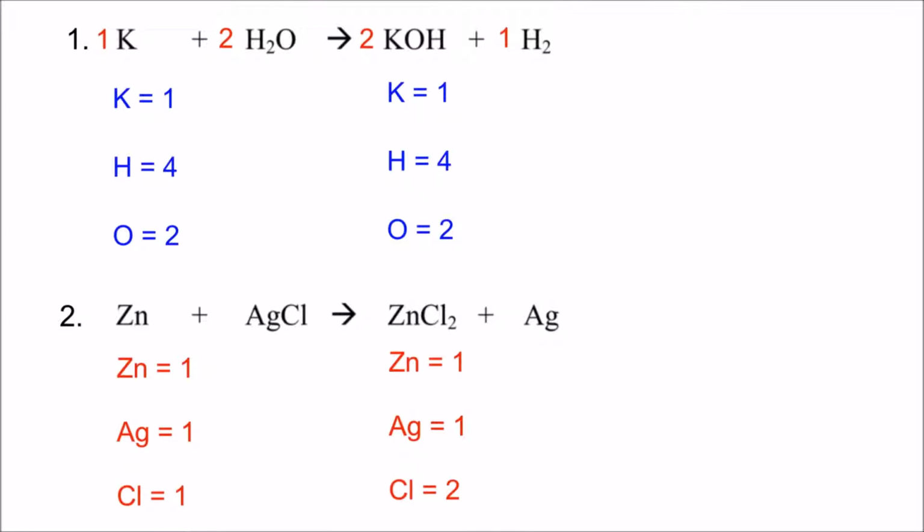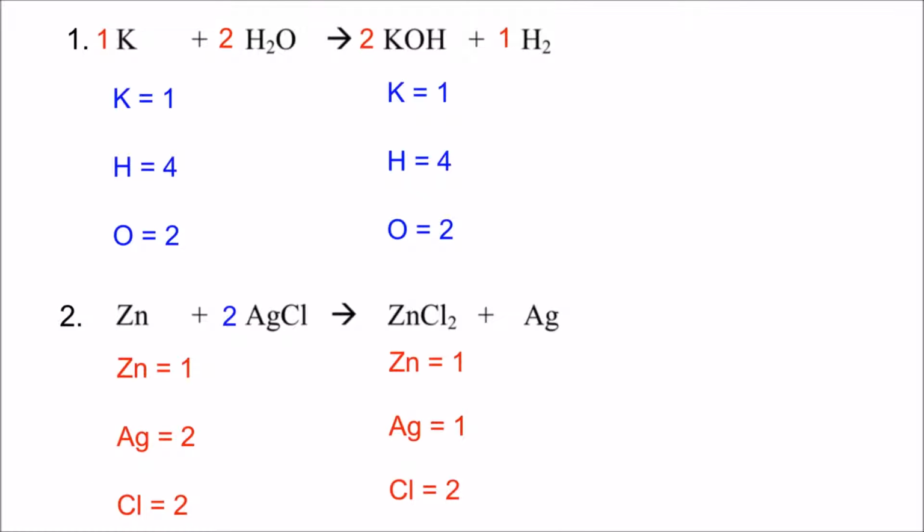Now, the zinc is already balanced and the silver is already balanced, so that kind of dictates that we have to start with chlorine. There are 2 chlorines on the right-hand side and only 1 on the left. So, how do I get 2 chlorines here? Obviously, I'm going to have to multiply by 2. Okay? But when I do that, it changes my silver to 2 also. So, my chlorines are balanced, but now my silvers are not.